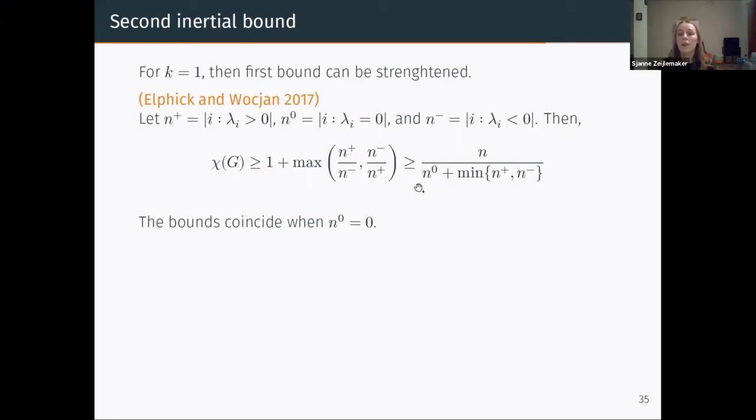And if a graph has no 0 eigenvalues, this term will vanish, and we just have the Svetkovich bound. But when we do have eigenvalue 0, we get a slight improvement. So the idea is also that if we manage to generalize this, then perhaps for graphs with eigenvalue 0, we can get an improvement for the K independence number.